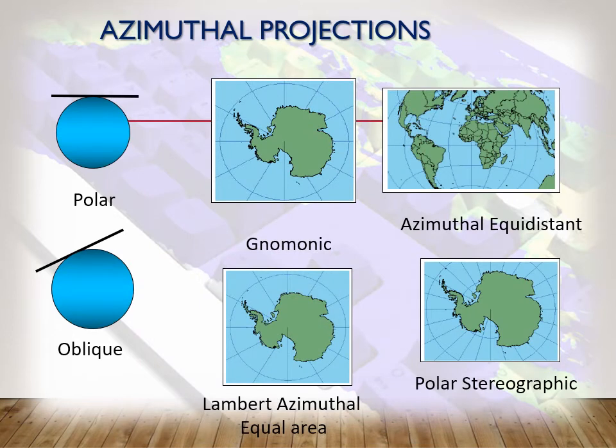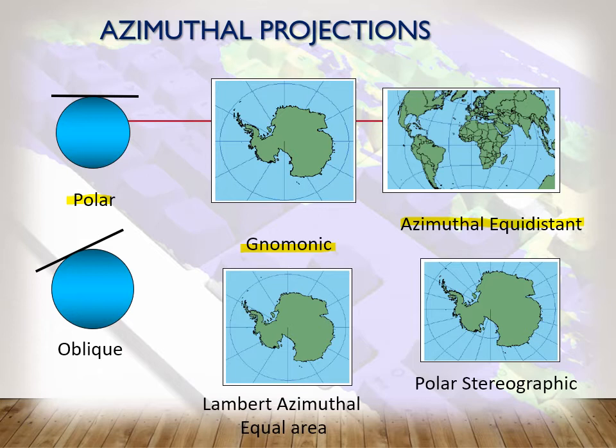And then azimuthal. As you already know, the polar regions are greatly distorted by a lot of different projections. But if we put an imaginary piece of paper at a point, in fact it could go anywhere, but most of these azimuthal projections are at the poles. You might actually be dealing with in your homework various projections for certain areas in the polar regions or in and around Antarctica.